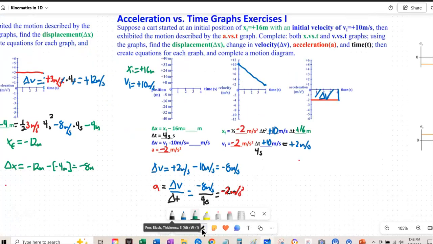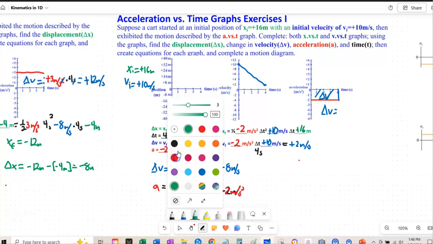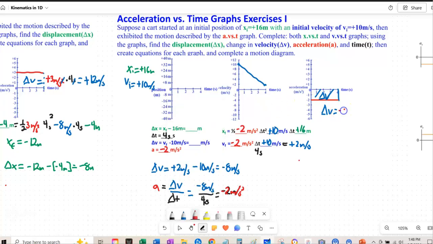So with that area, again, this isn't necessary to do it, but this delta V is going to be equal to the acceleration, which is -2 meters per second squared, for every second, times 4 seconds.